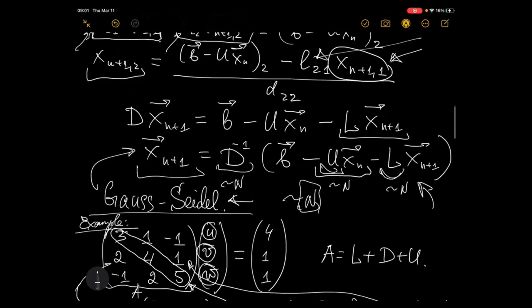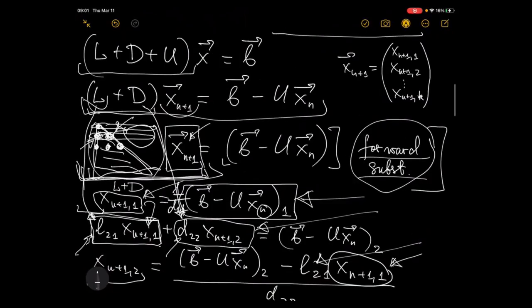We just did it here, for example. Forward substitution, right? Because the first equation is easy to solve. You just need to divide the right-hand side by the diagonal element. The next equation is also easy to solve because you can use the previous information, and so on and so on.